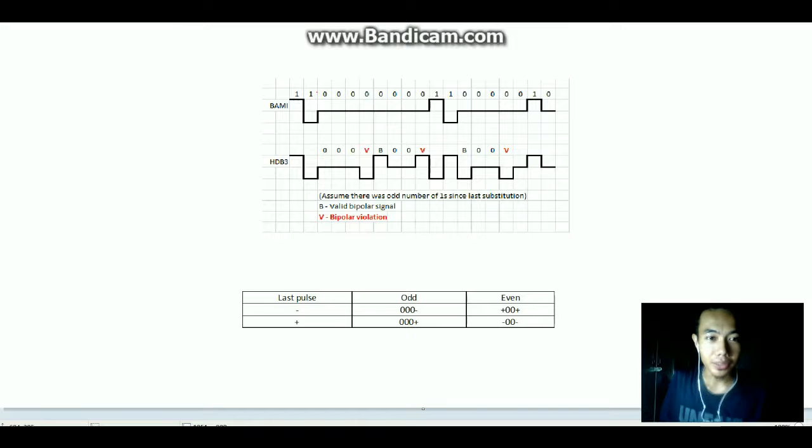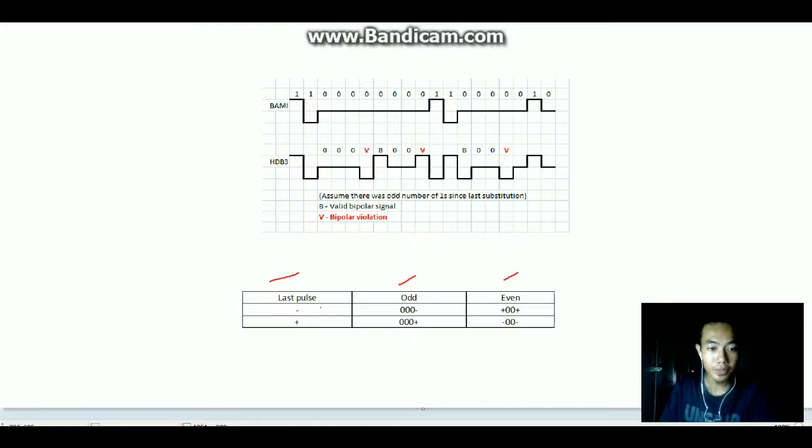Hello, my name is Ahmad Farid, and right now I will explain to you about the HDB3, high density bipolar 3, which is one of the methods for scrambling, to provide synchronization of the data for the receiver. Okay, first we have to refer to the table, where we can see the last pulse, the odd, and the even.